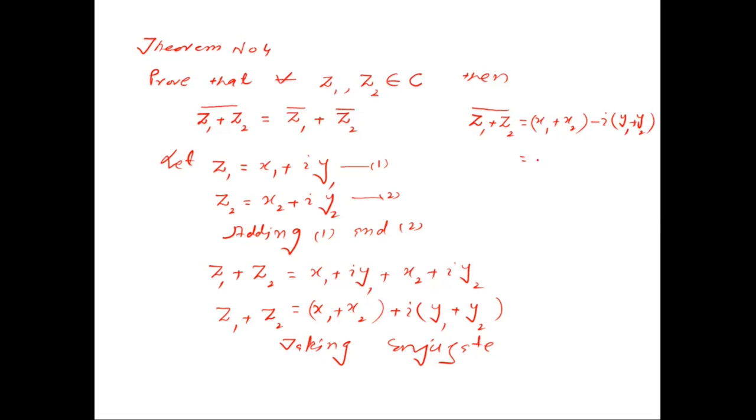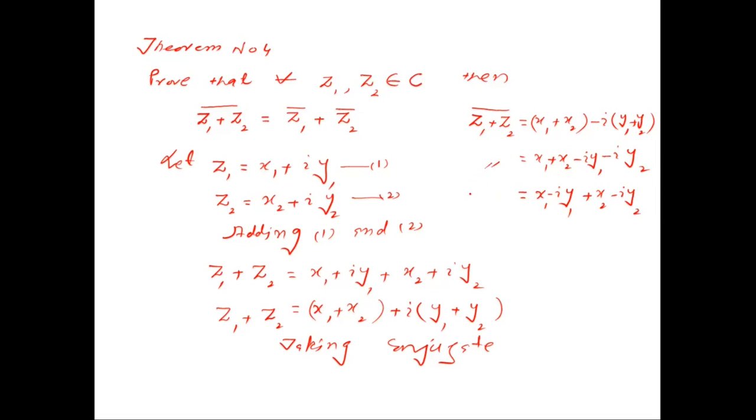Now open the bracket: x1 plus x2 minus iota y1, and minus minus iota y2. Write in its original shape: x1 minus iota y1 plus x2 minus iota y2.